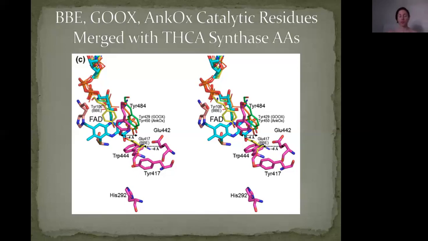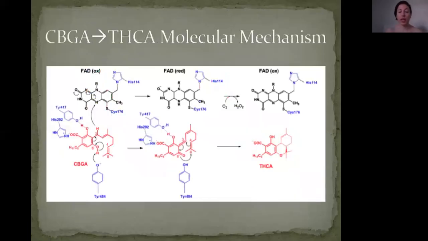So, in conclusion, here you see the tyrosine 484 coming in, going through the hydride transfer. Then you've got the deprotonation, then the hydride transfer, and then you've got the whole cyclization reaction that essentially occurs because all of these bonds shift.